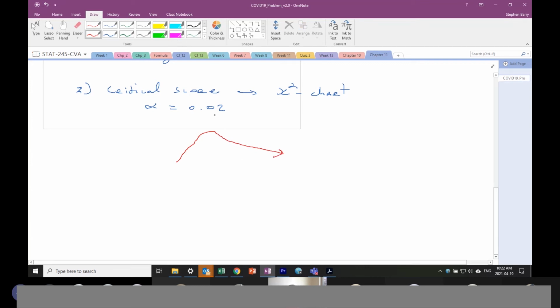And let's just say there's an alpha, there's a critical score here, and there's a critical score here, let's say. This would be 0.01. Here we have 0.025, as rejection areas here.